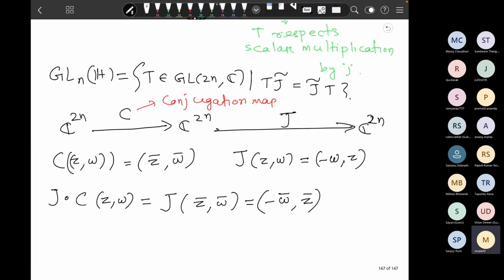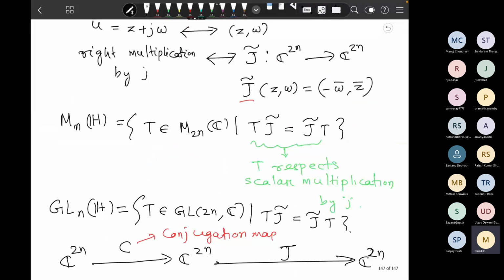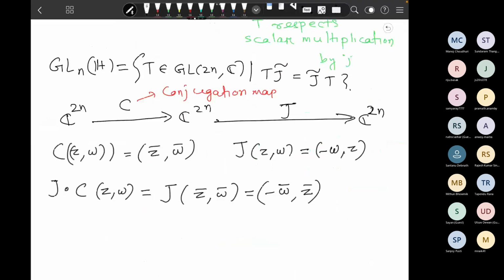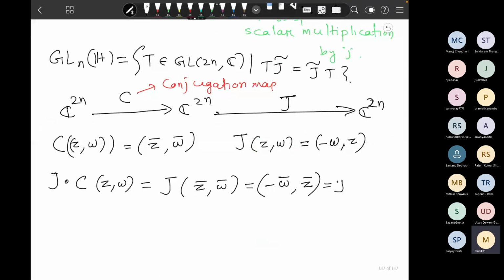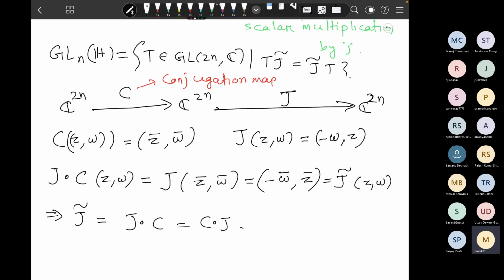This is the precise description of J tilde, so this is actually J tilde of (Z, W). So I am getting that J tilde is equal to J composition C. Similarly, you can show that this is also C composition J.